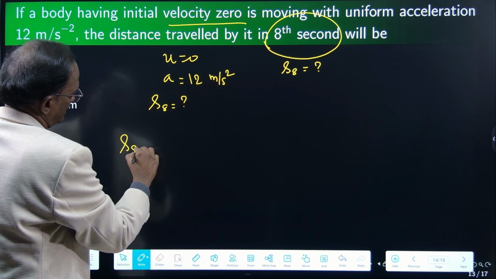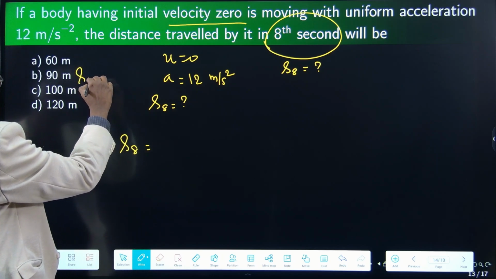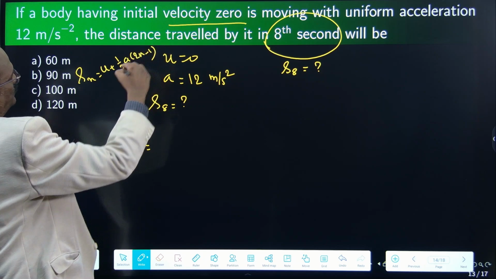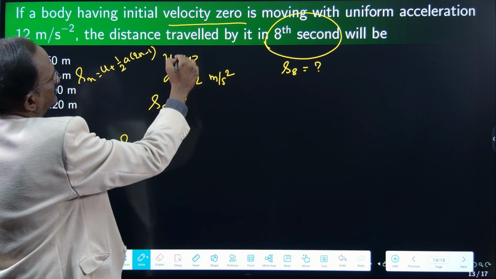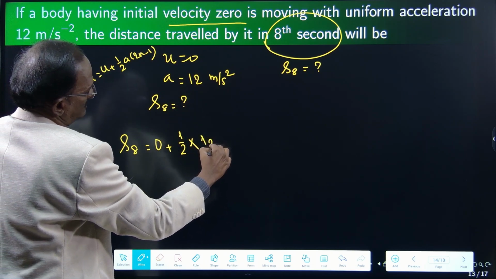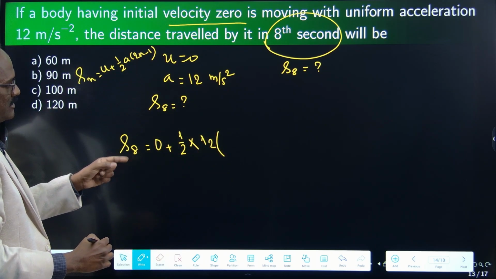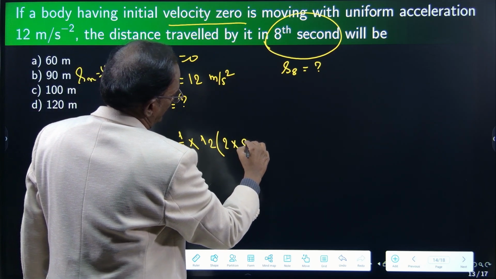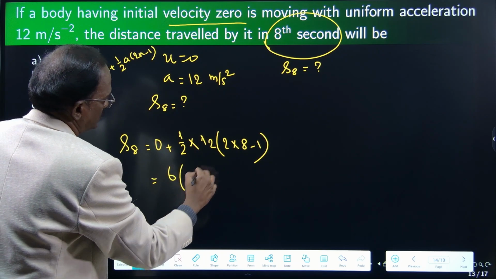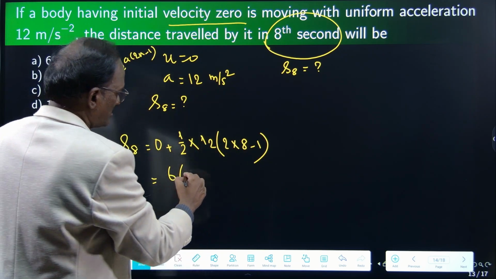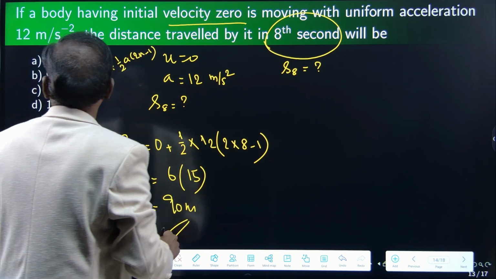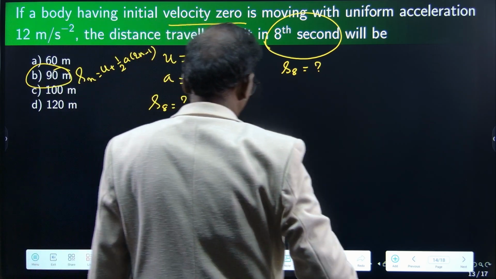S8 is equal to, the formula is sn equals u plus half a of 2n minus 1. So u is 0, plus half into a, which is 12, 2 into n is 8, 2 into 8 minus 1. So this is 6 of 2 into 8, 16 minus 1 is 15. So 90 meters is the answer. Option B, right?